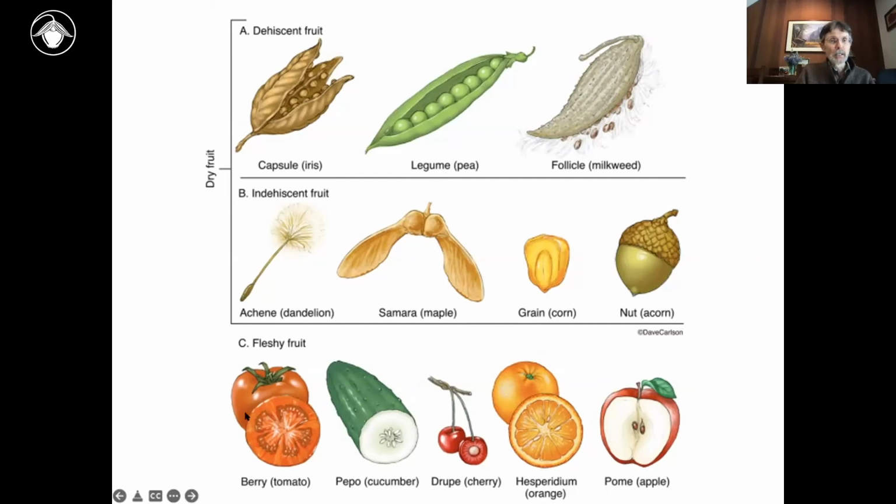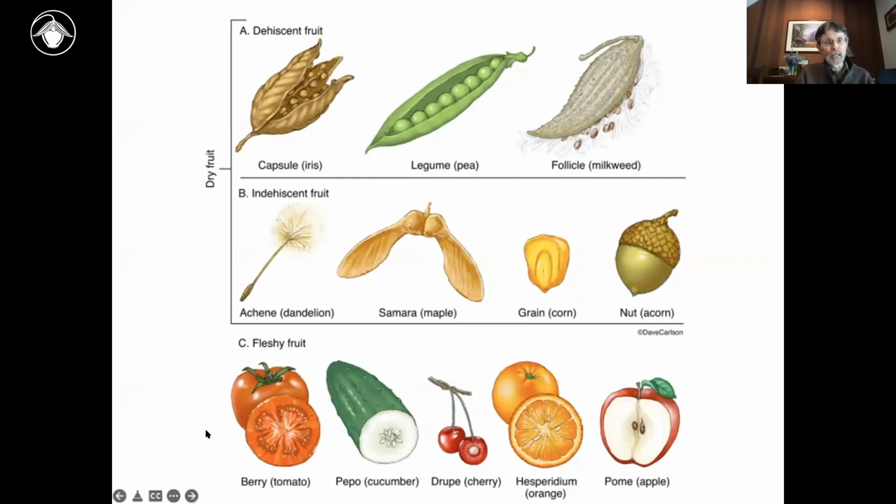So this is internal dispersal using animals, where the animal eats the fruit, which is of course nutritious and delicious, and it passes through the gut. The seeds pass through the gut unharmed. And in many cases, the gastric juices are necessary to stimulate the seeds to germinate, and they end up being deposited in the environment with their own pile of fertilizer.